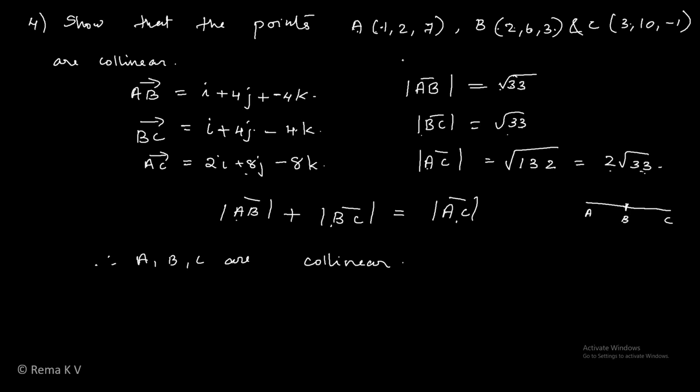If the question is to show that the triangle formed by these three vertex points forms a right triangle, how can we show that?